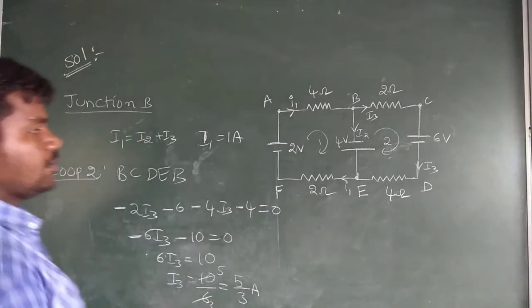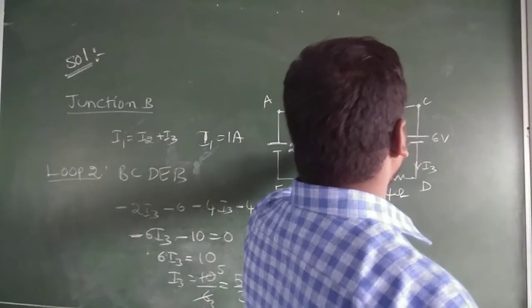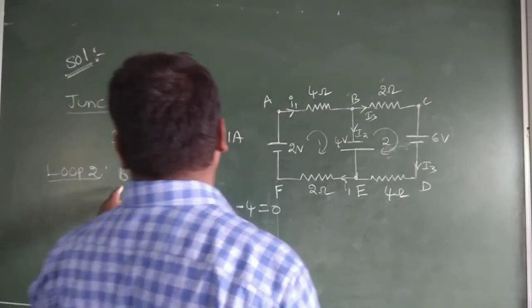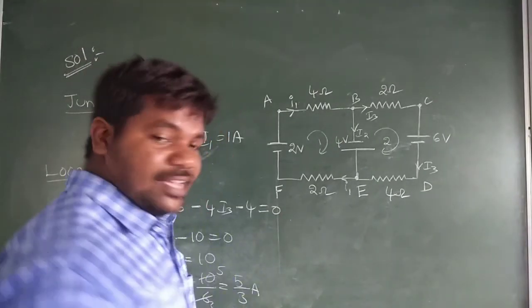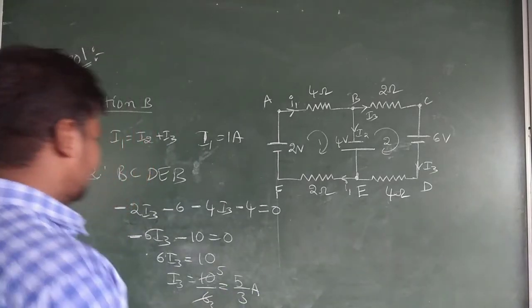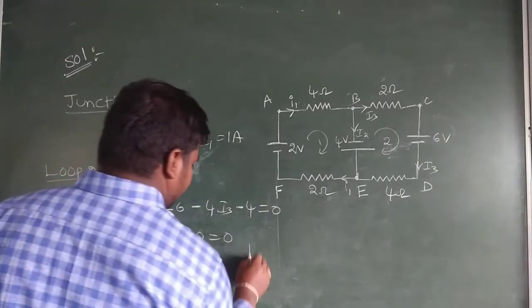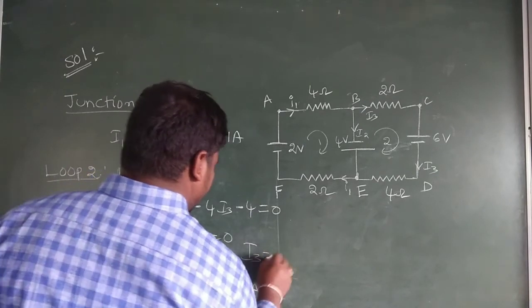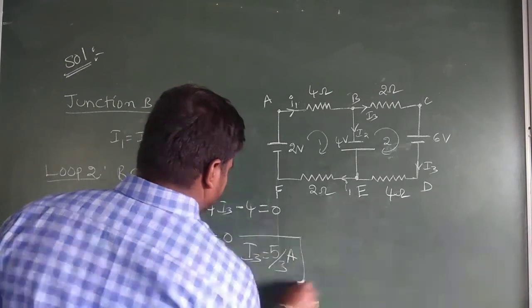The current passing through the 4 ohm resistor and the 2 ohm resistor, that is, through loop BCDEB, is 5 by 3 amperes. I3 is equal to 5 by 3 amperes.